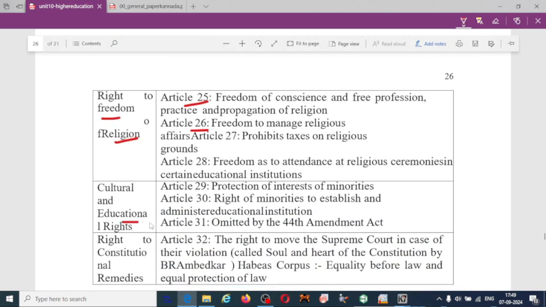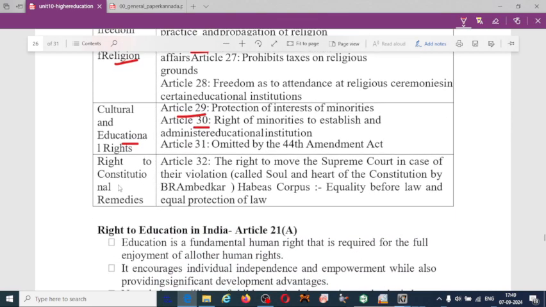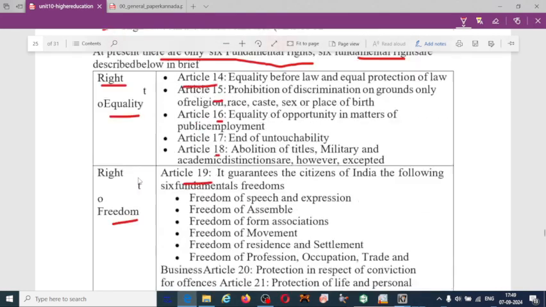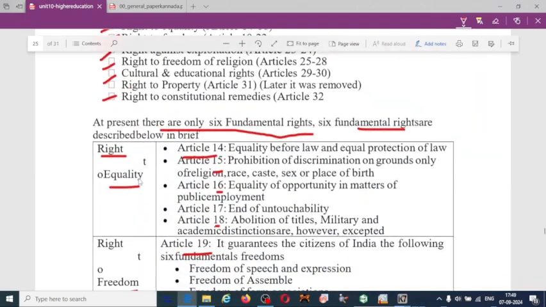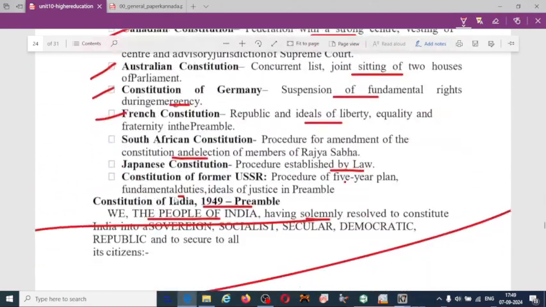Cultural and educational rights come under Articles 29 and 30. Right to constitutional remedies, Article 32. Right to education in India, Article 21A. So, these are the questions they may ask in the exam related to the topic of policies, governance, and administration.